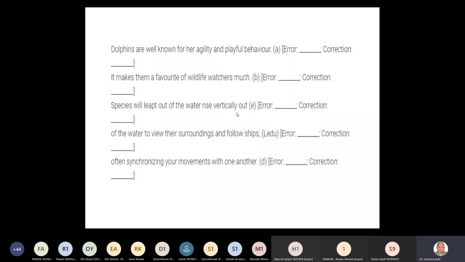So are you going to change agility or playful? So you would like to have the adjective of agility or the noun of playful? I'm asking you. Again, you'll have to read the sentence and decide.